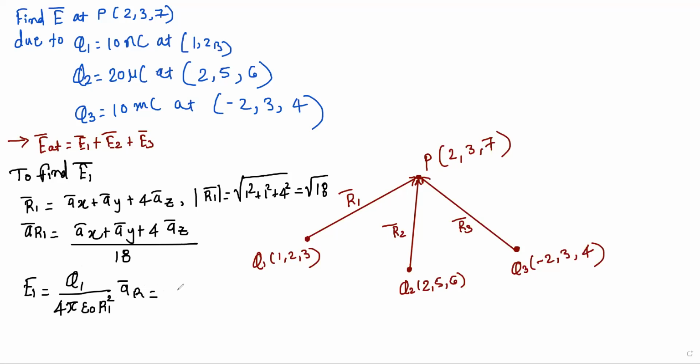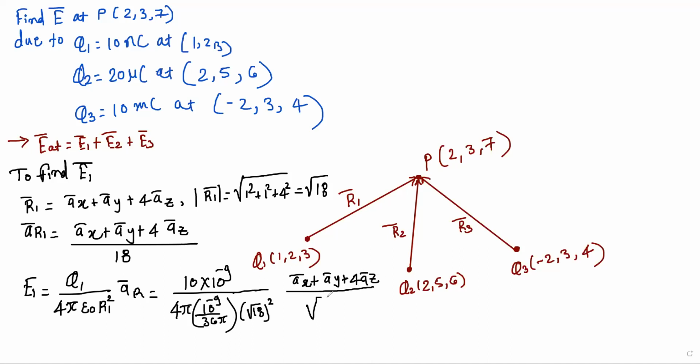The value of Q1 is 10 nanocoulomb, so 10 into 10 raised to minus 9, divided by 4 pi epsilon naught, where epsilon naught is 10 raised to minus 9 divided by 36 pi, into under root 18 bracket square, into A bar R1, which is A bar X plus A bar Y plus 4 A bar Z divided by under root 18.